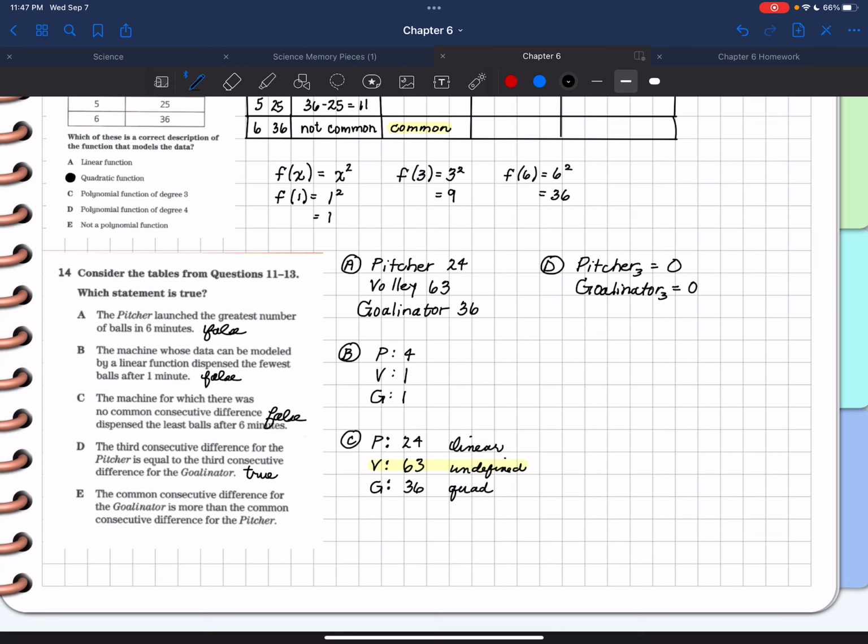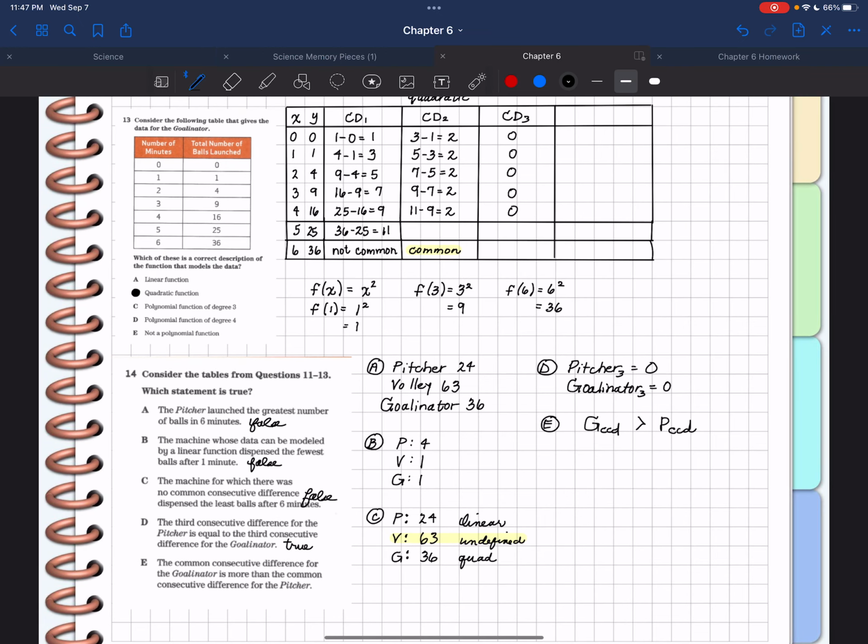E, the common consecutive difference for the goalinator is more than the common consecutive difference for the pitcher. So this is saying that the goalinator is greater than the pitcher. Let me redo that. The goalinator's common consecutive difference is greater than the pitcher's common consecutive difference.